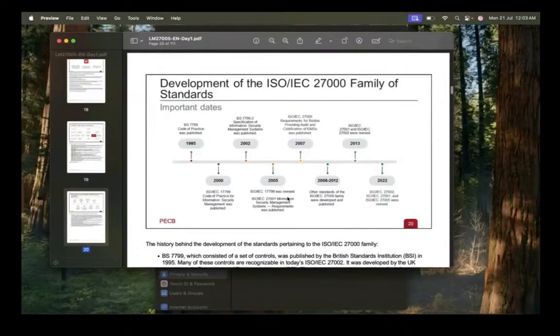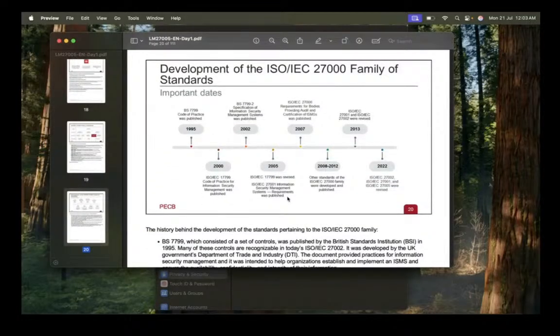Great. Moving on to the next thing: how this family of standards has developed over the years. When was it started? If you can see in the chart, it started with BS 7799, when the code of practice was published.